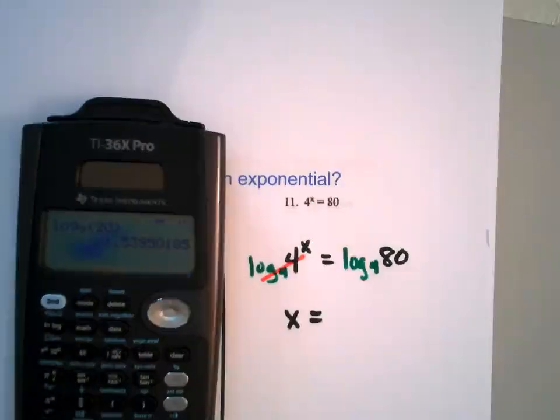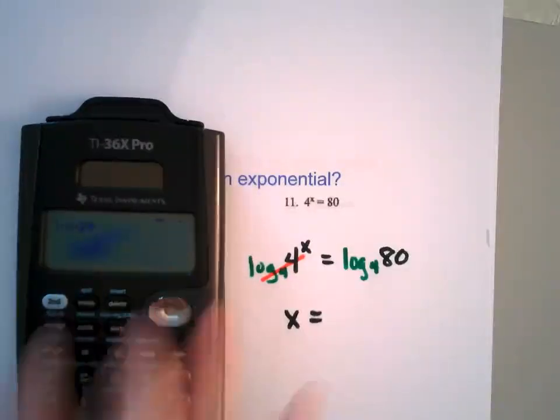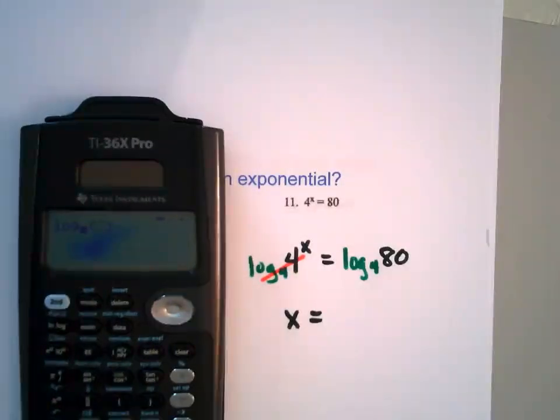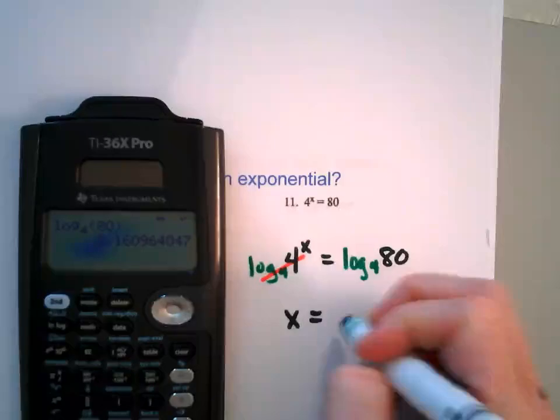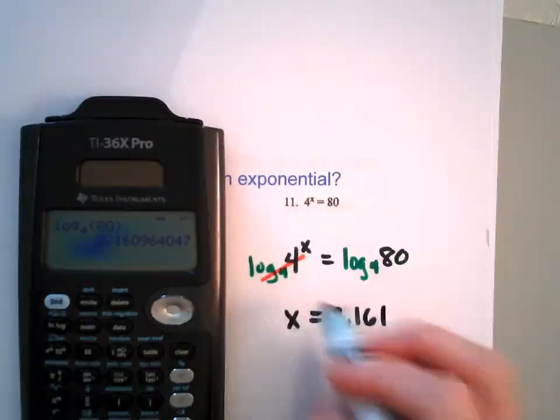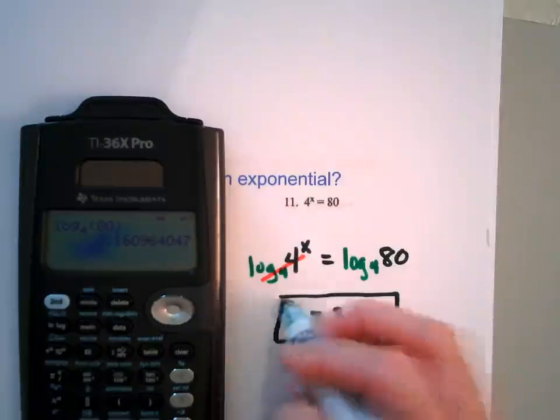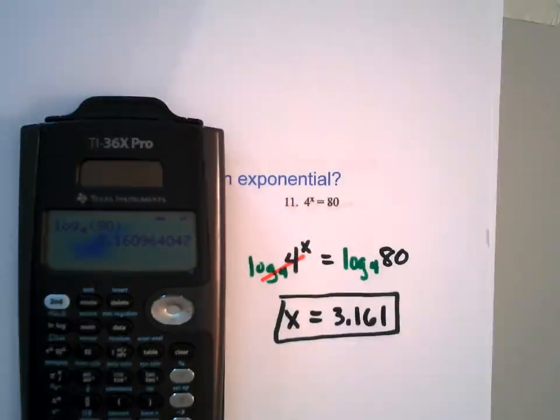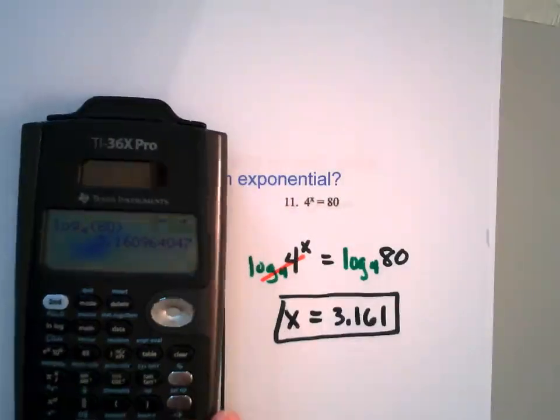We make a calculation. 480, boom, 3.161. Okay, so that's the basic exponential equation.